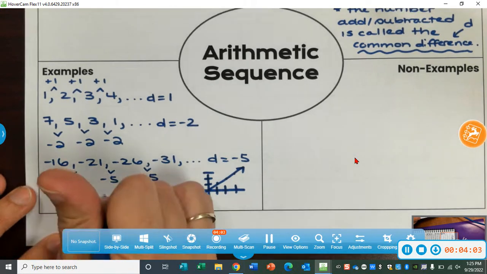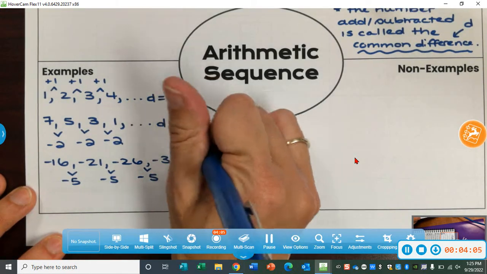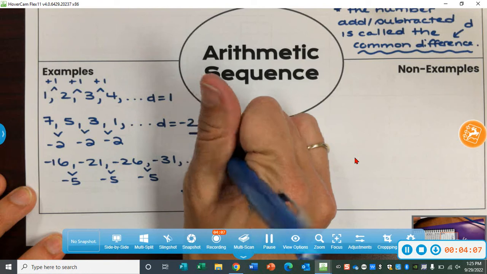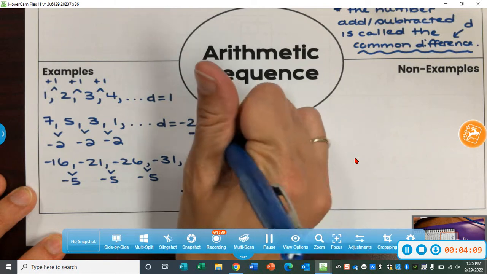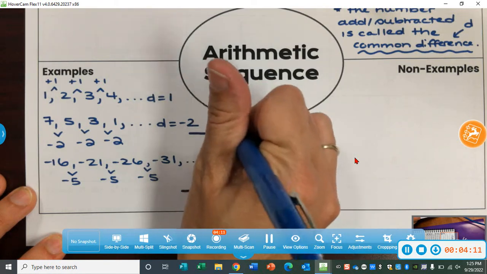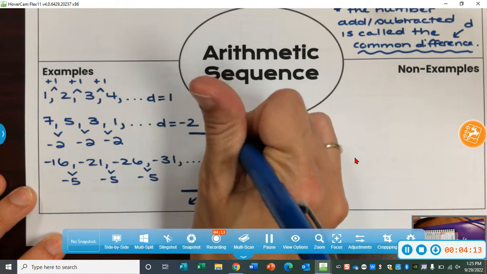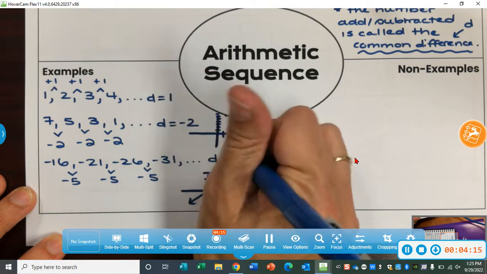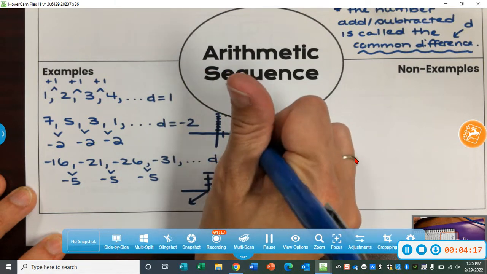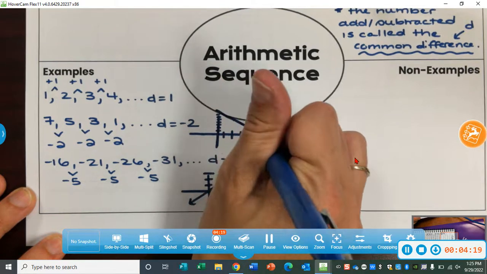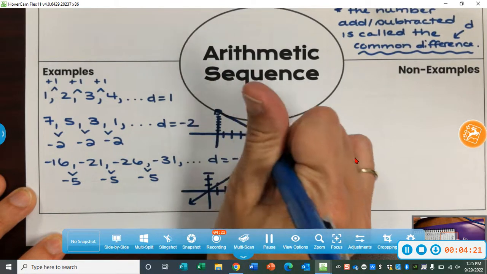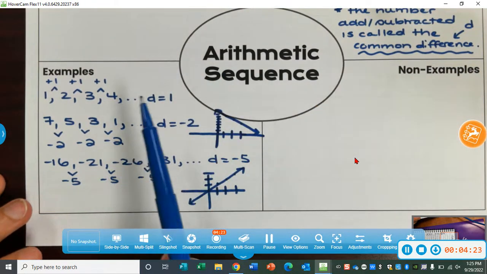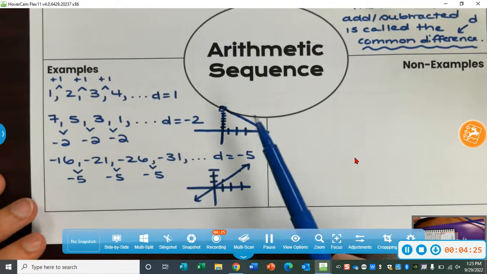The same can be true for this graph. The first number is 7, the second number is 5, the third number is 3. And you can see this is also linear, which makes sense because the difference is constant.